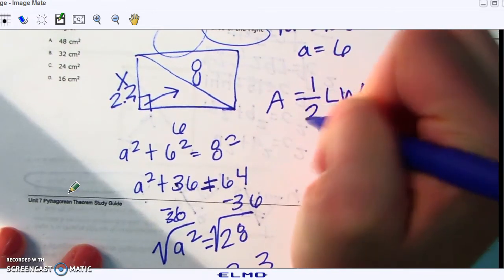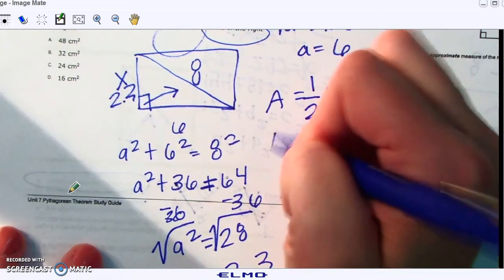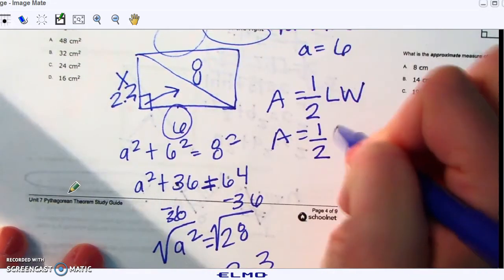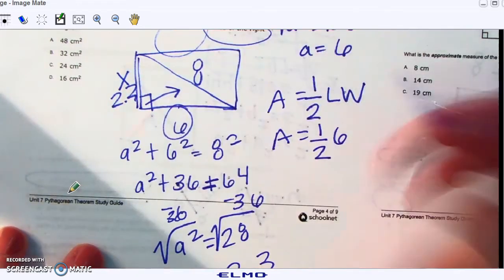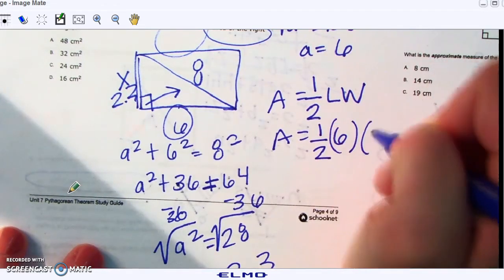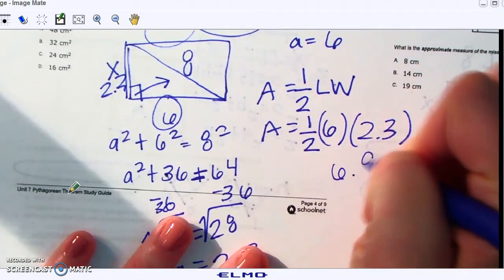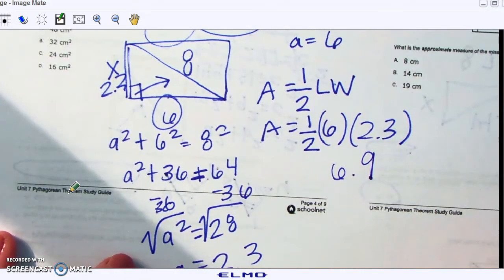Triangle is half of that. So 1/2 of the length times the width. So area is equal to 1/2. The length is 6. The width is 2.3. If I multiply all those together, 0.5 times 6 times 2.3, I get about 6.9.